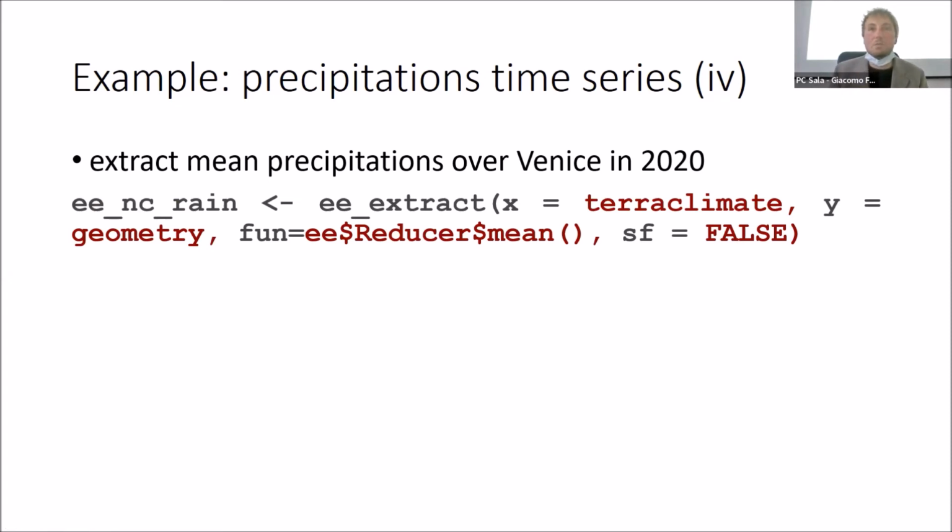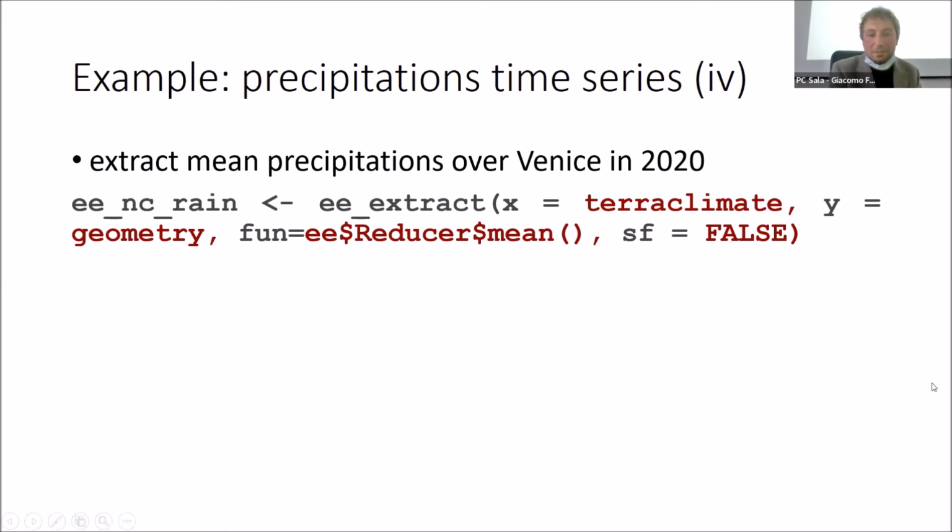This is the way to do these reducers, which I was speaking about before, which in GIS are sometimes called zonal statistics. So it's a way to take raster pixels and apply a function to them within a polygon, within a boundary, like calculating the mean of all the pixels inside the Lagoon of Venice in our case. And it's very straightforward.